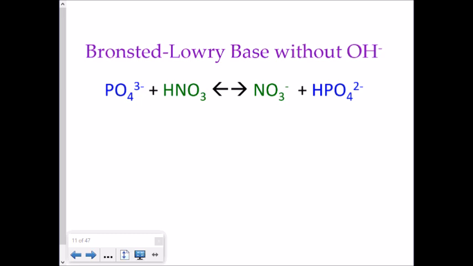No hydroxide. So basically we have acid donating to the base, and no hydroxide involved, fitting the Bronsted-Lowry definition, showing the donor, ending up with your conjugates over here on this side. You might see reactions like that as well, where you don't see any hydroxide at all, and it still is part of the definition.